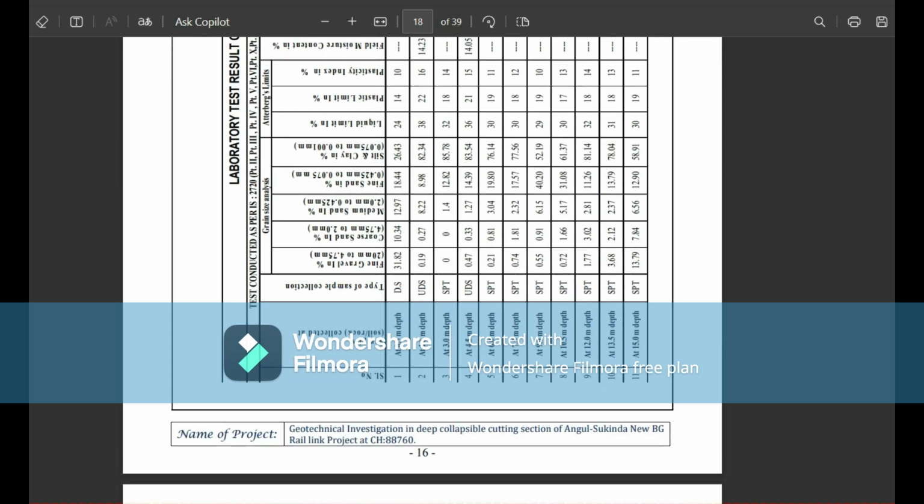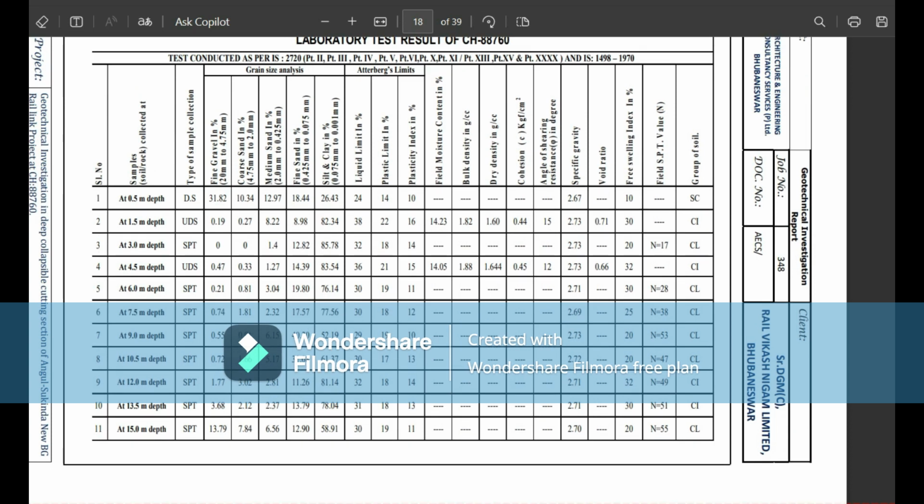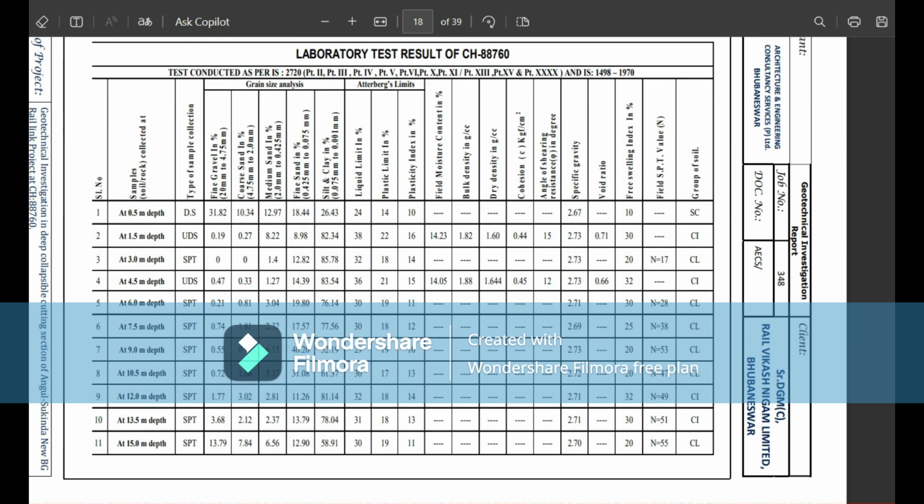Now we'll see the result of the lab test in this area for the soil. There is fine grain and coarse grain size analysis and Atterberg limit, with different sizes of sieve used here.